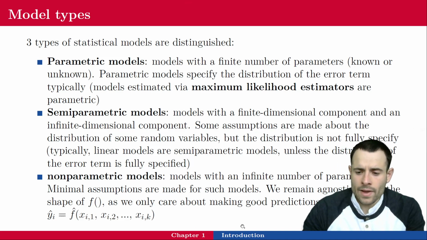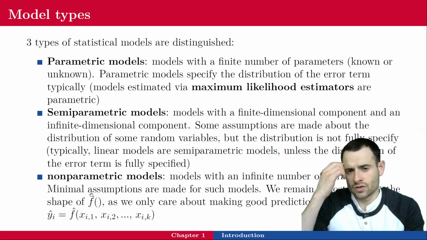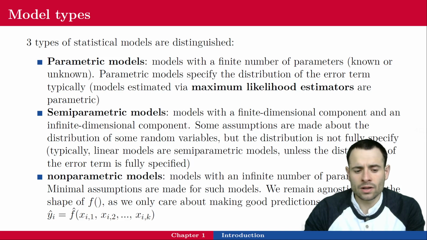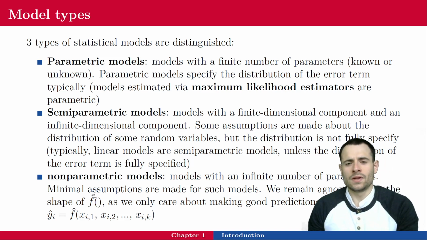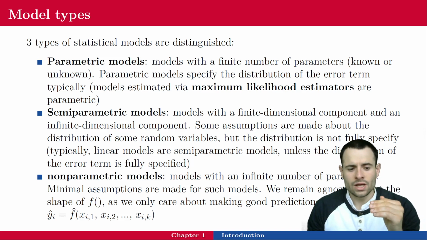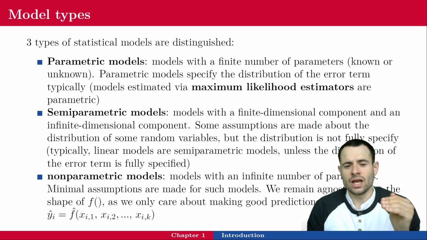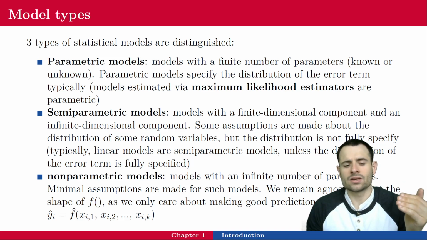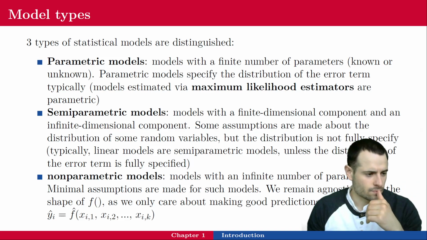So we remain agnostic about the shape of the function f, the one I talked about in the first slide, because we only care about its predictions. So we don't necessarily need to assume it's a straight line, it's a curve in one way or another. What we just need is what kind of tools will make us make accurate predictions.